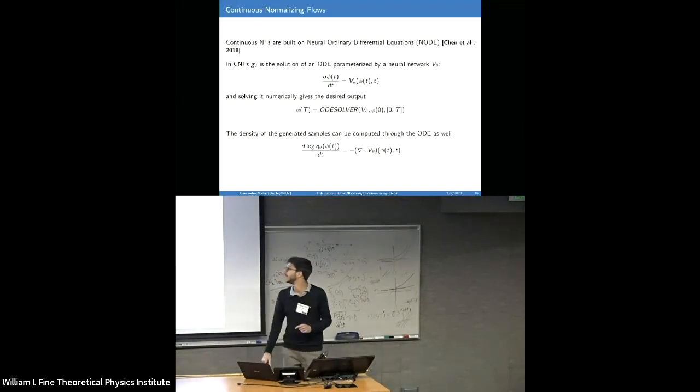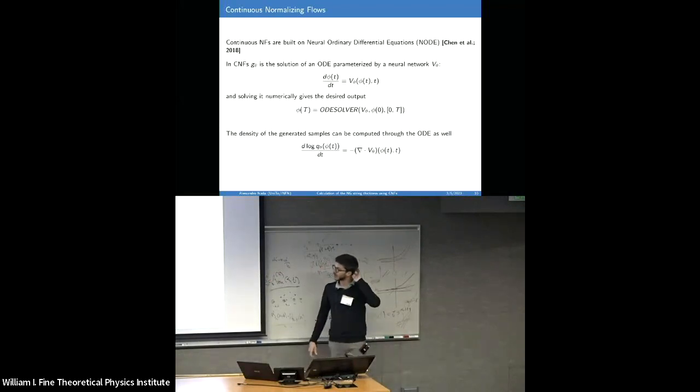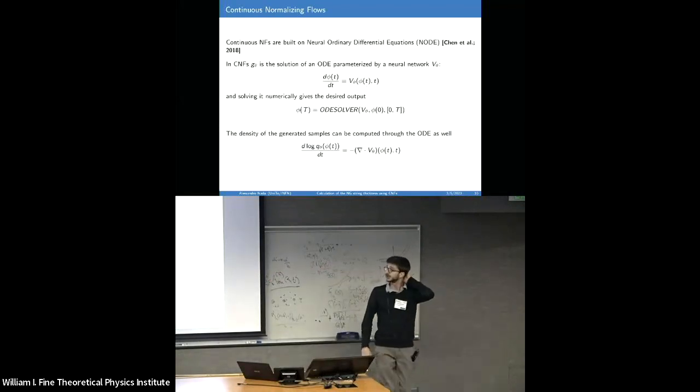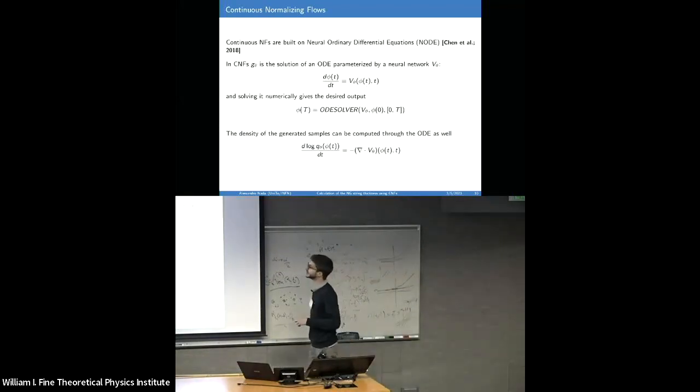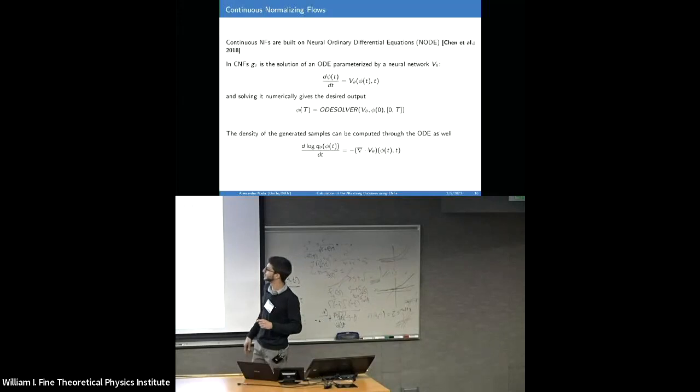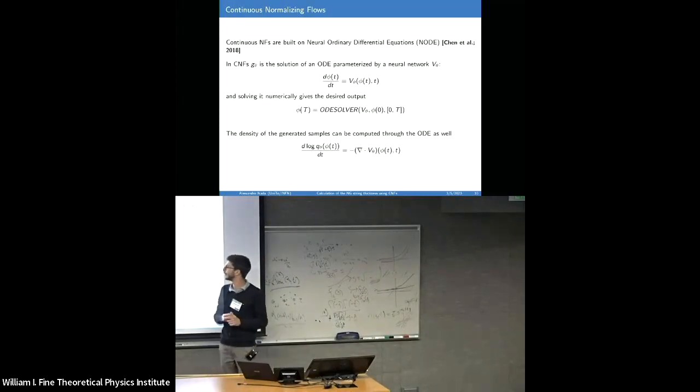Okay, cool. A few words about the actual architecture we're using. These are continuous normalizing flows. The flow is essentially the solution of an ordinary differential equation, which is parameterized by something that is in principle arbitrarily complicated, this neural network V of theta.